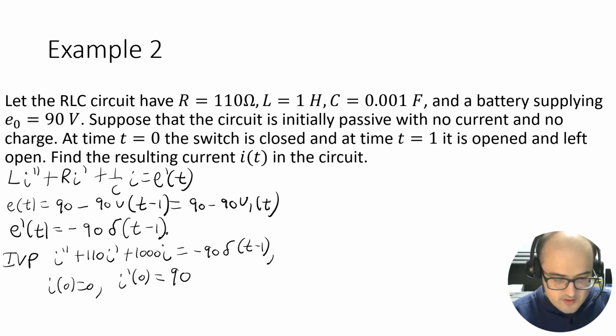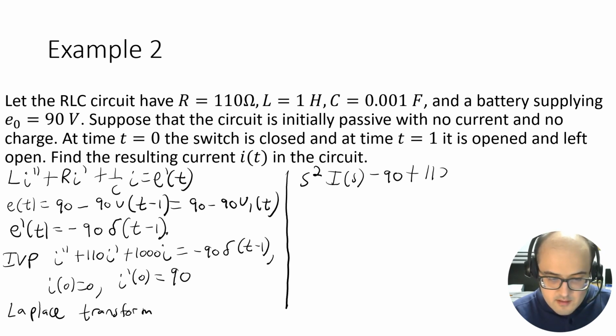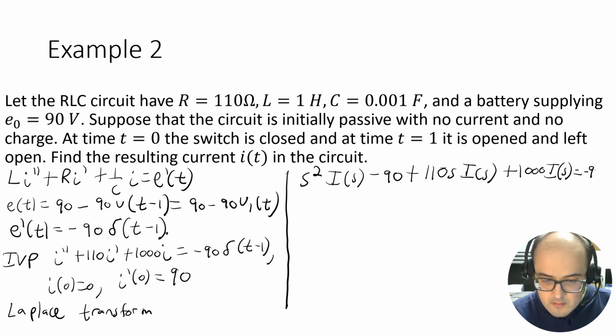So if we use this Laplace transform, we will get, on the right hand side, s squared times I of s minus 90 plus 110 times s times I of s plus 1000 times I of s, and this would be equal to negative 90 times e to the negative s.